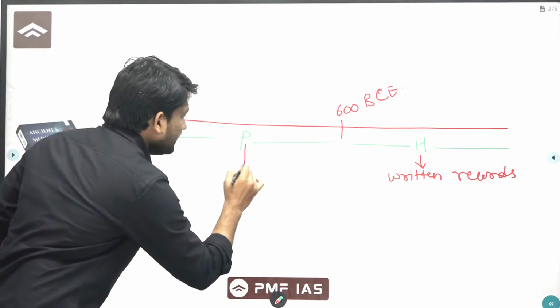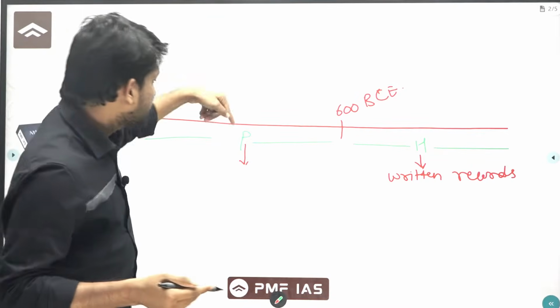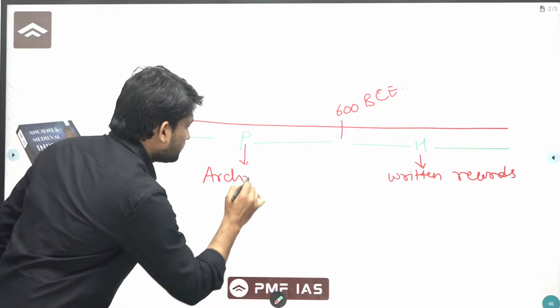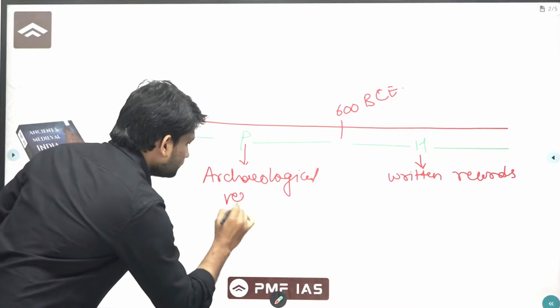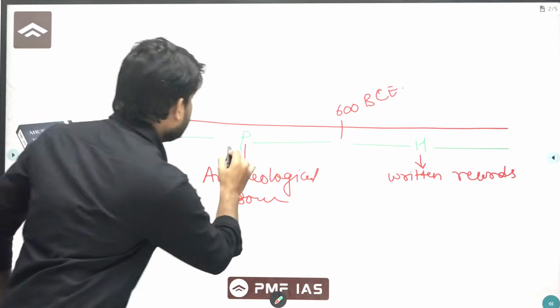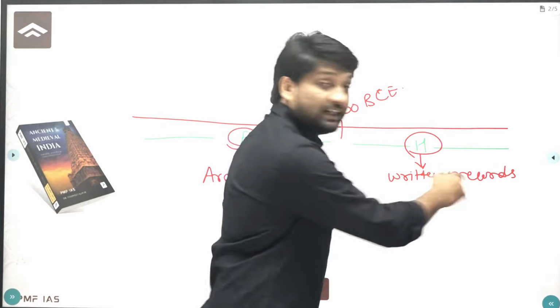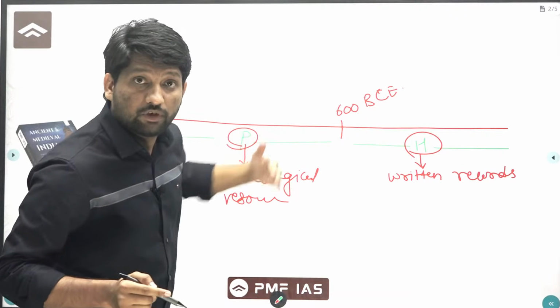So basically, to reconstruct the history of this period, we are dependent on archaeological sources. Similarly, for the historic period, we have written records, meaning the historic period is after the invention of writing.